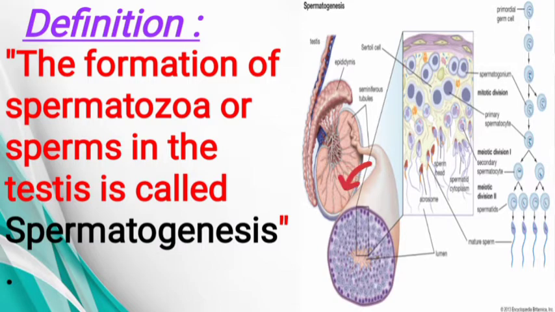These are very minute tubules, and they lead into the vasa deferentia. Seminiferous tubules are separated by the interstitial cells.